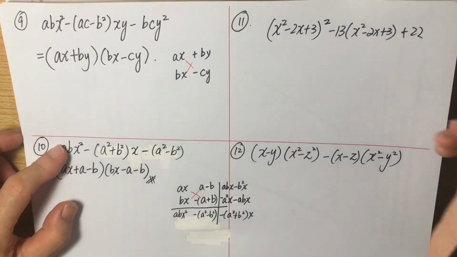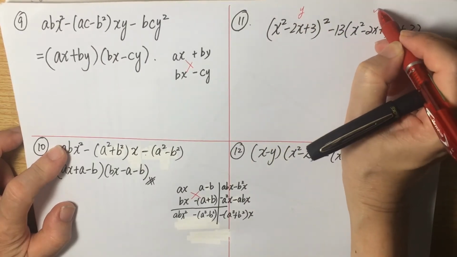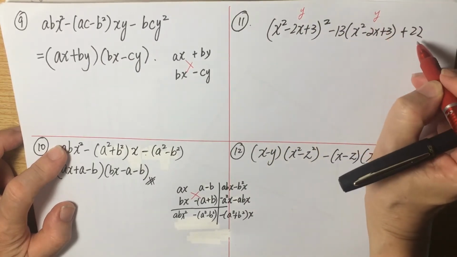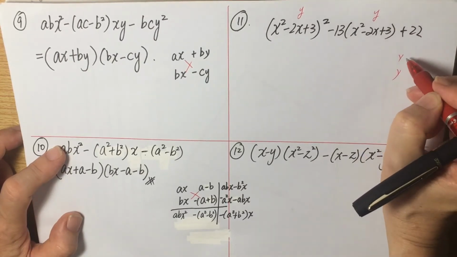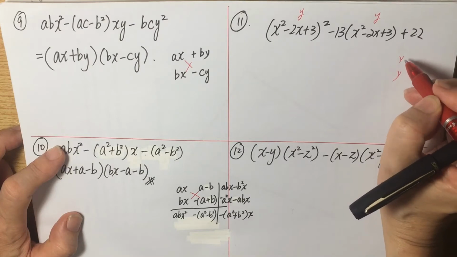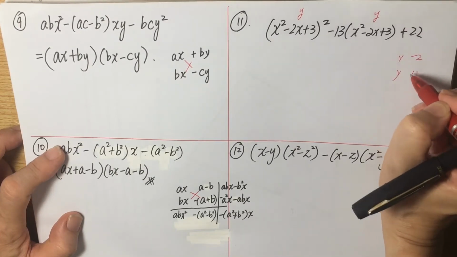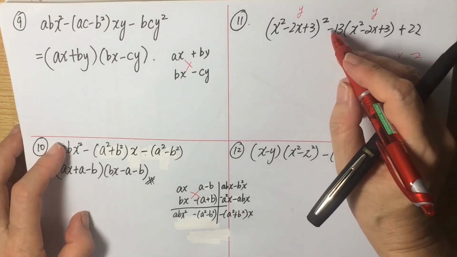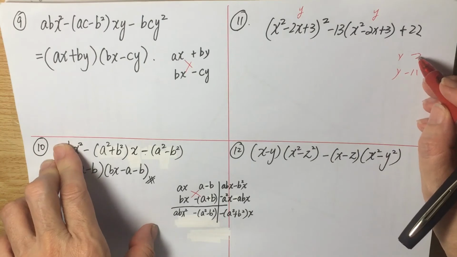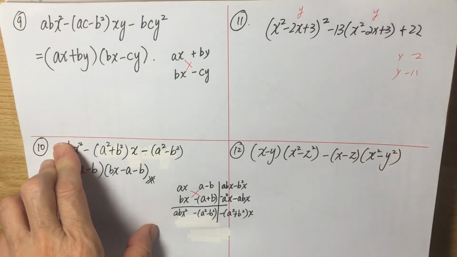Okay, the next question is also easy. This one is just like y squared minus 13y plus 22. So if it's a quadratic expression in terms of y, you have y, 2 and 11 times together is 22, but I want it to be negative, so I have negative 2y, negative 11y, so together is negative 13y.